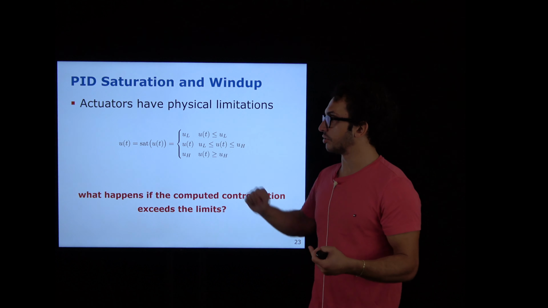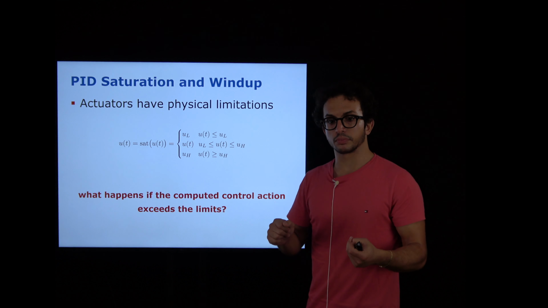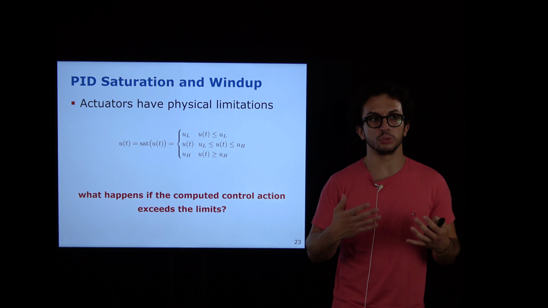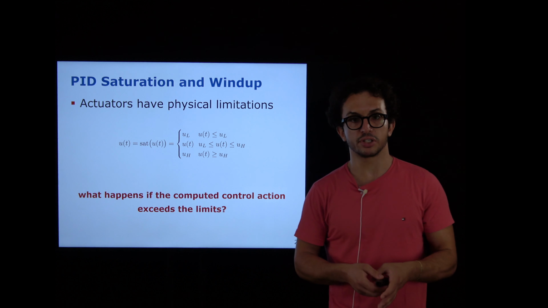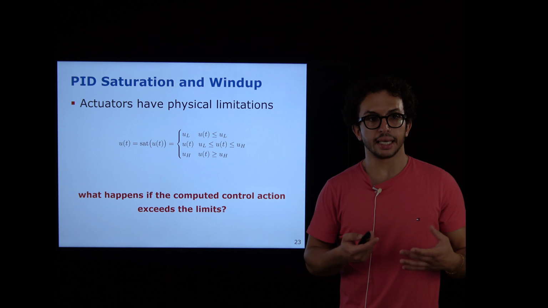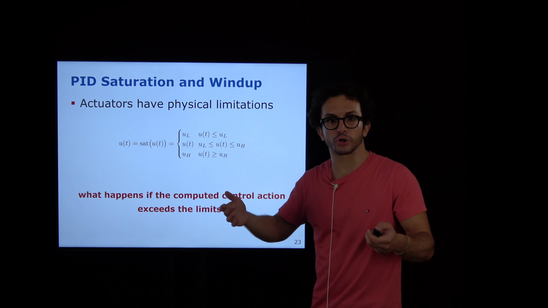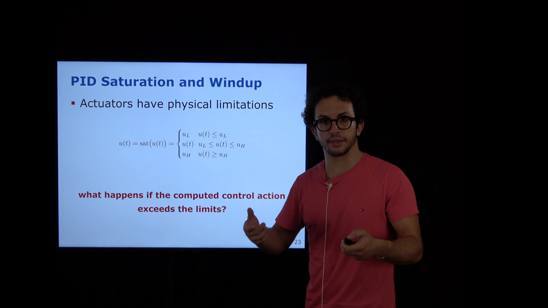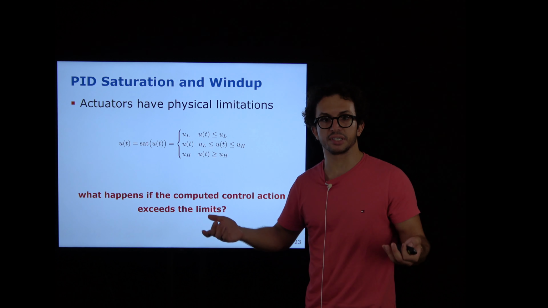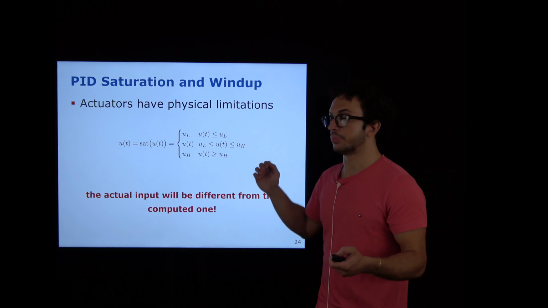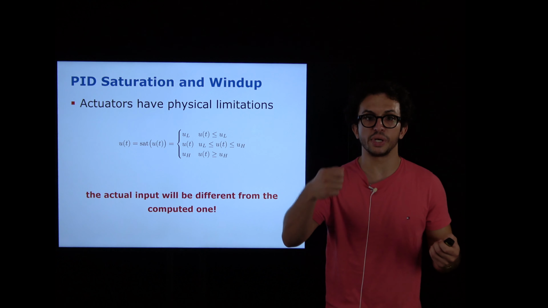So the actuators are saturating. Well, what happens if the control action that we need exceeds the limits of the actuator? Well, we have saturation signals, because the motor cannot provide more than whatever it's specified, right? And therefore, the input that we're giving to the system is not what we expect.